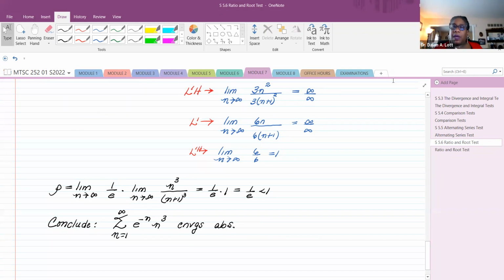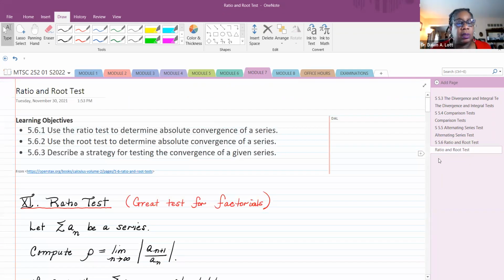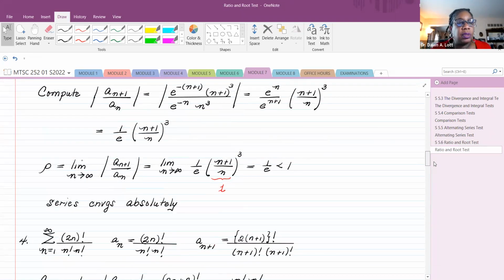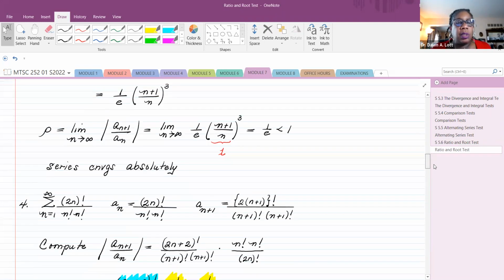Now, I can't believe I have only examples of convergent series. That doesn't make sense. I don't have one that diverges.